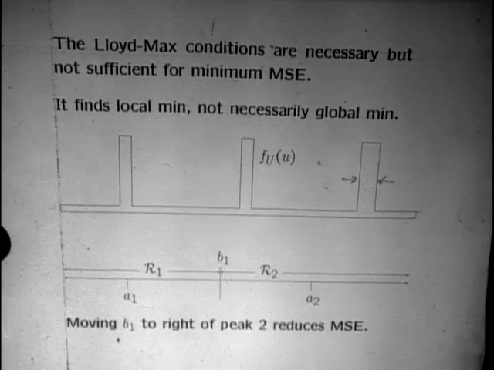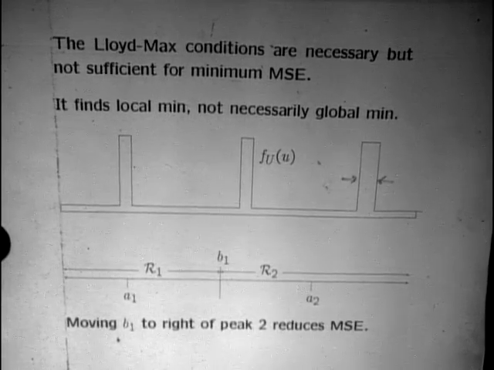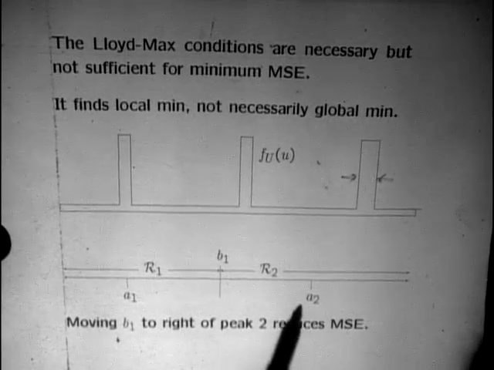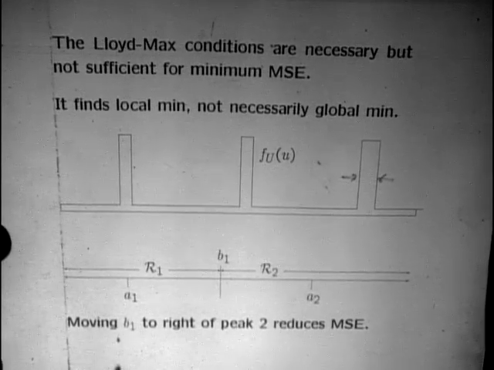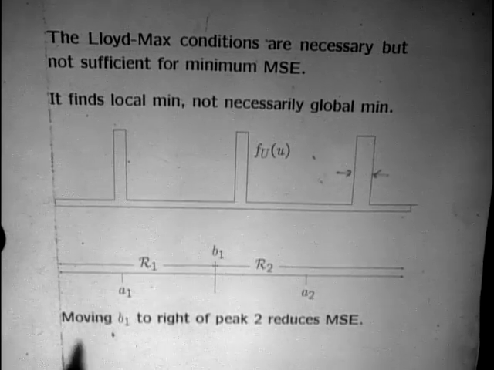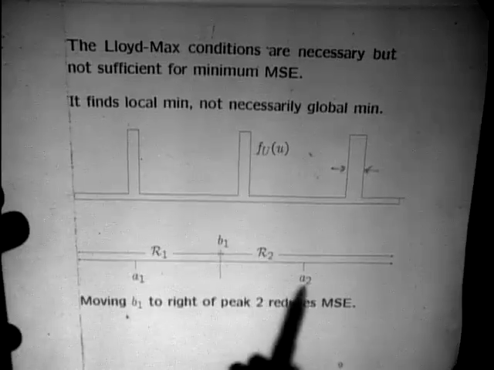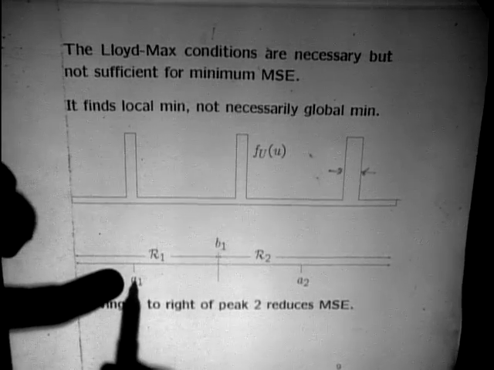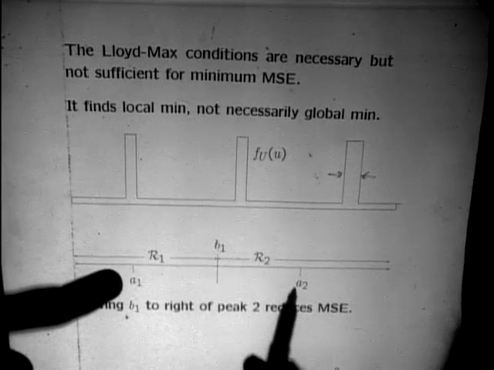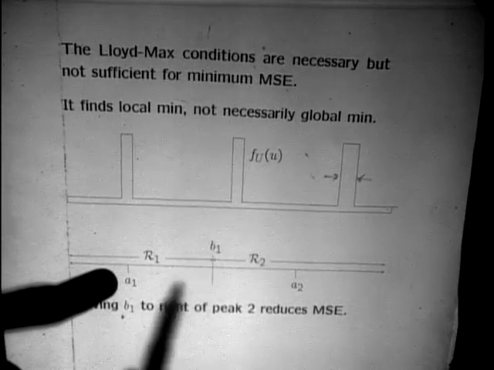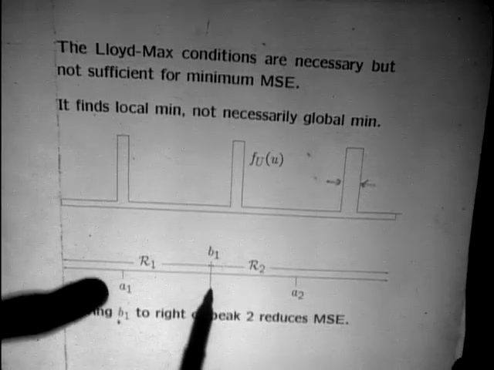And you're unlucky, and you start out somehow with points A1 and A2. So you start out with a point A1, which is way over here, and a point A2, which is not too far over here. And your algorithm then says, pick the midpoint B1.